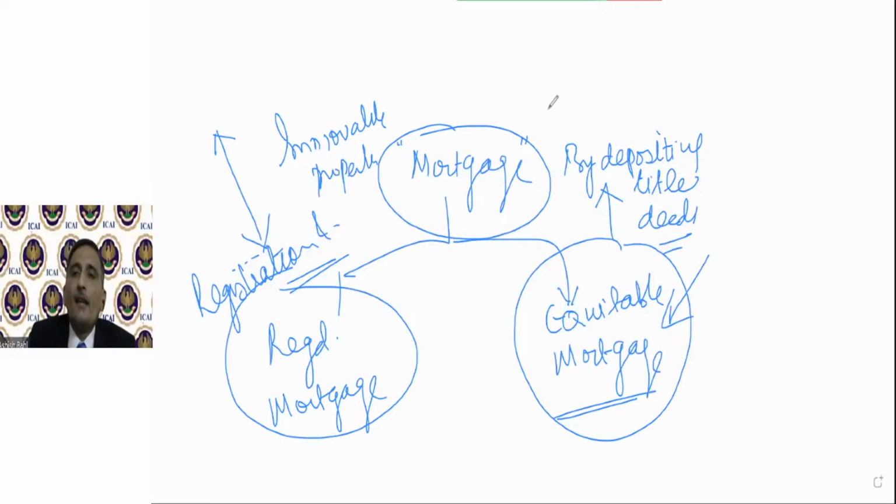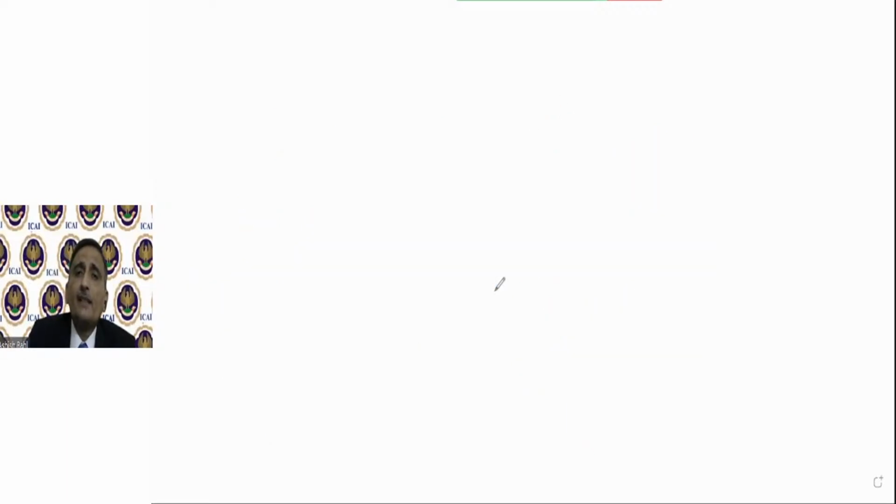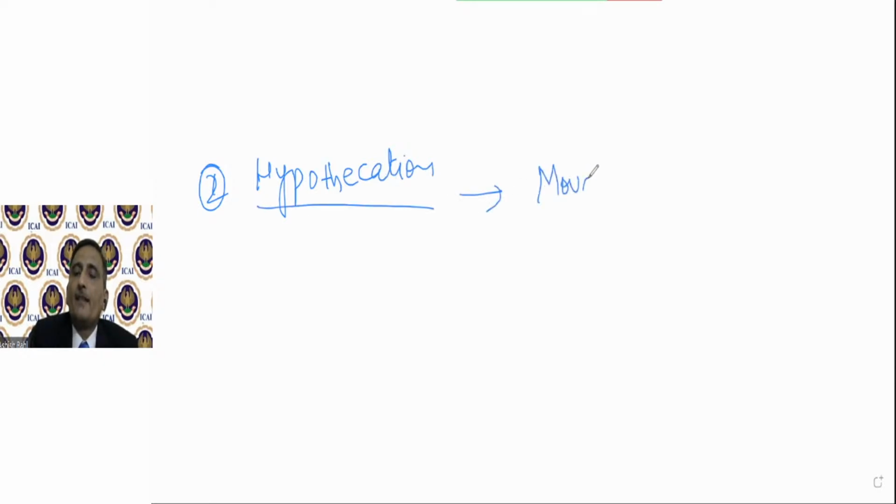And what is another term used in the sense of creation of securities? Another term is hypothecation. Now this term is usually used in the context of movable assets like stocks and book debts.